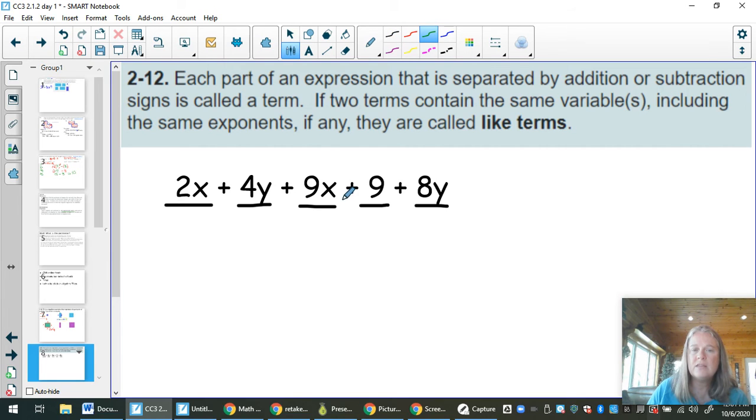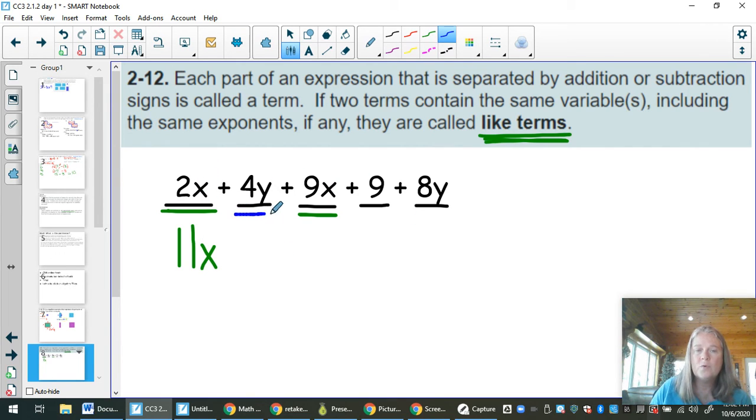When we identify the ones that have the exact same variables, including the exponents, we call them like terms, and those are the ones that we can combine. So for instance, 2x's and 9x's, I can combine and just say I've got 11x's. I've combined the like terms.